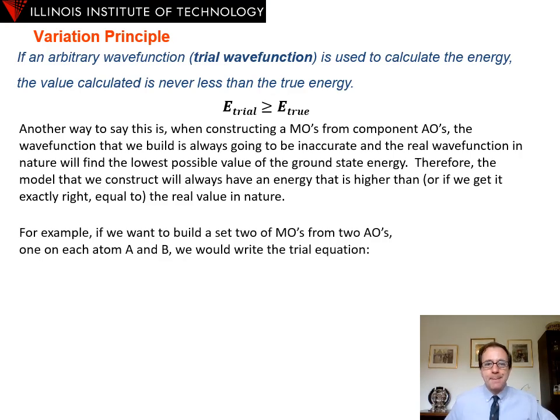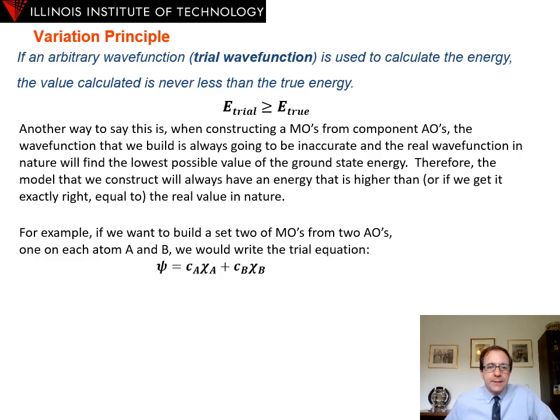Okay, for example, let's say we want to build a set of two molecular orbitals from two atomic orbitals. Now remember, nature probably is going to take more than just two atomic orbitals if they're available, and it's going to mix them and split them in very complicated ways. We're going to be limited to the number of wave functions we're willing and able to write down.